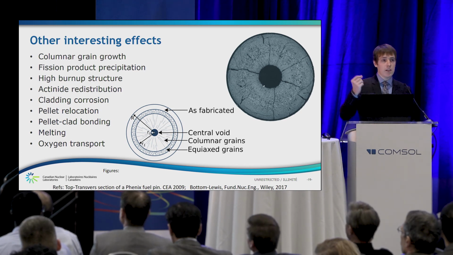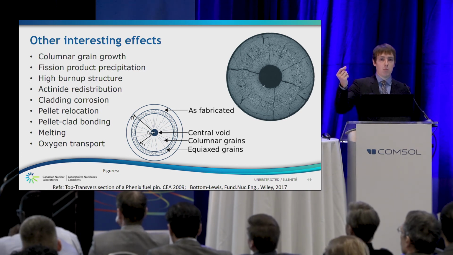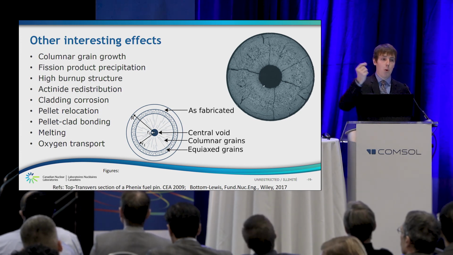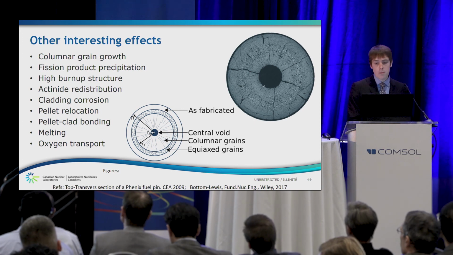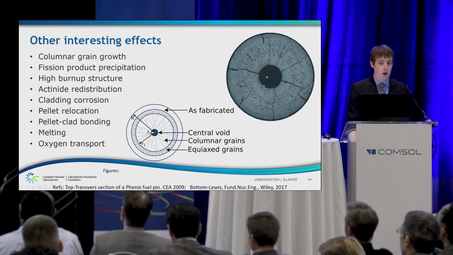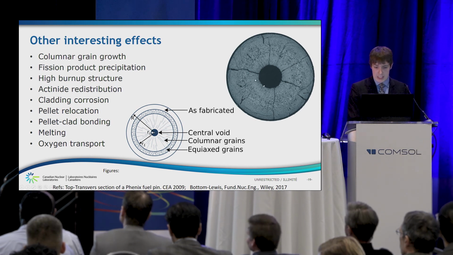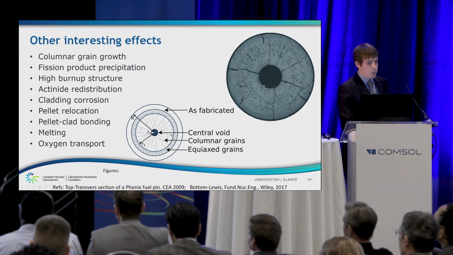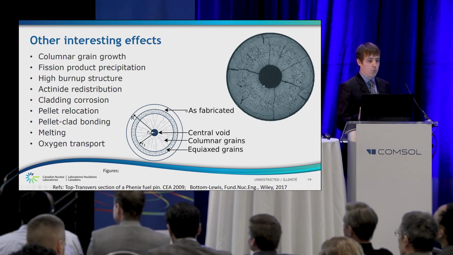Some of the uranium on the hot side of the pore has evaporated and deposited on the cold side of the pore. That forms these really long columnar grains we see in this image. We also have fission product precipitation.